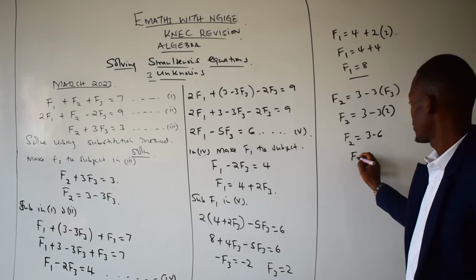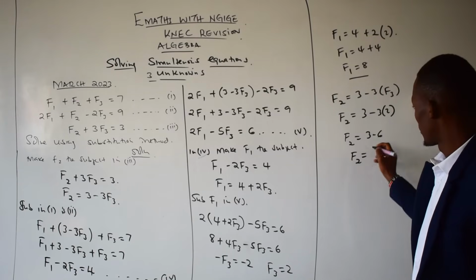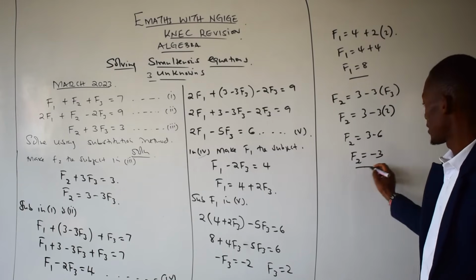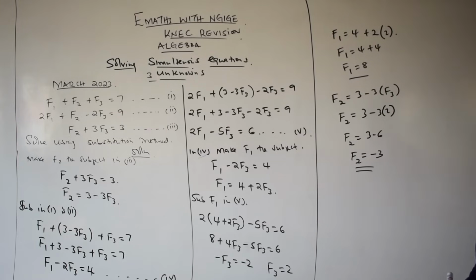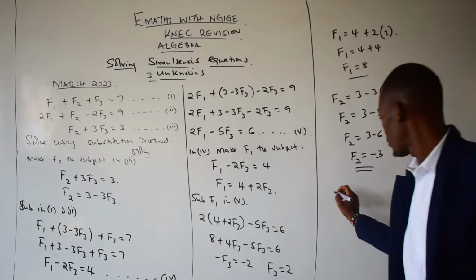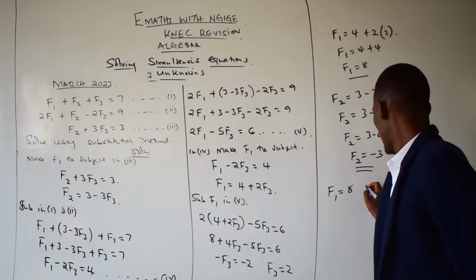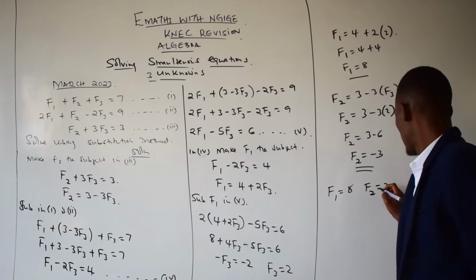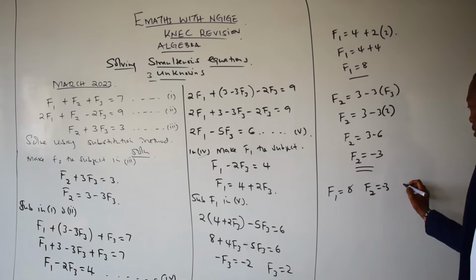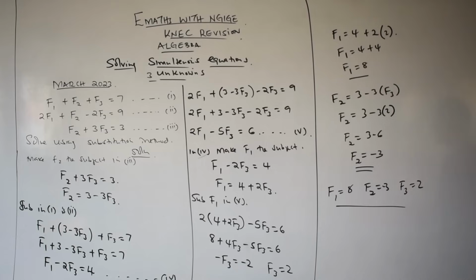So f2 will be given by negative of 3. And those are your values for f1, f2 and f3. So f1 is given by 8, f2 is given by negative of 3, and f3 is given by 2. And those are your 3 values.